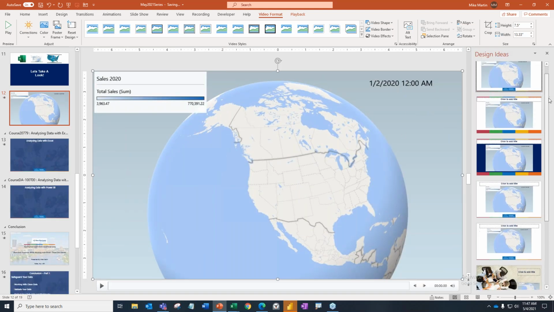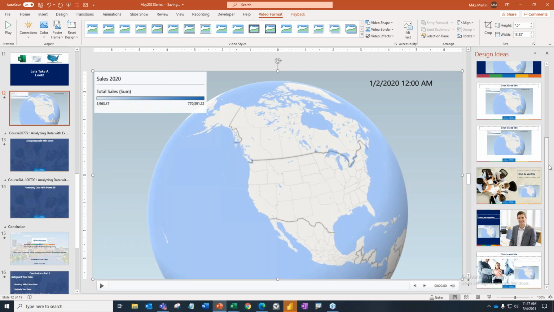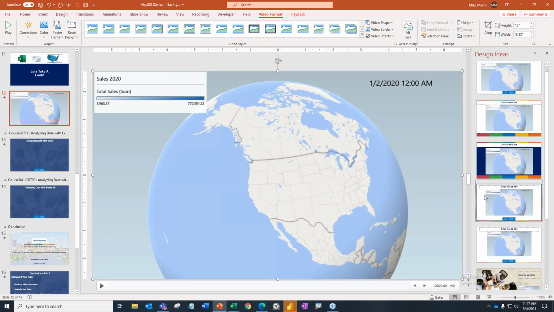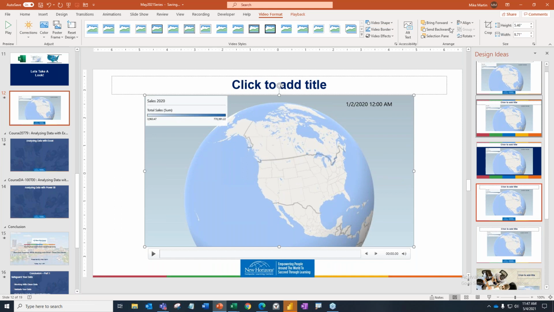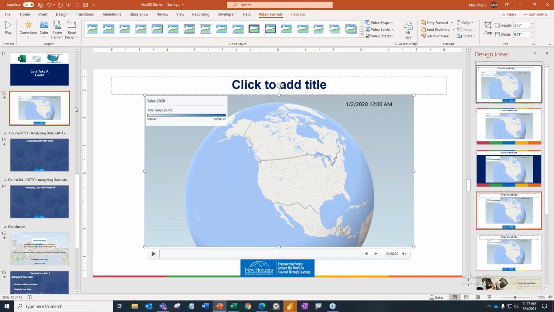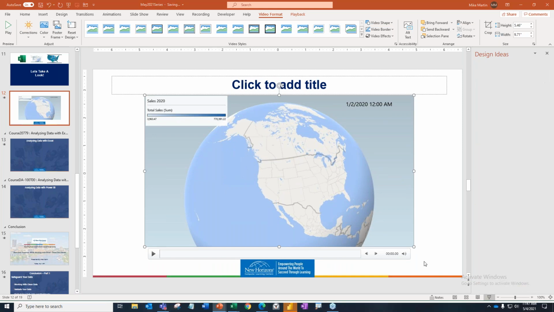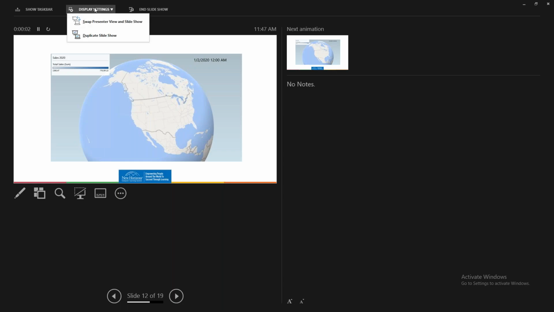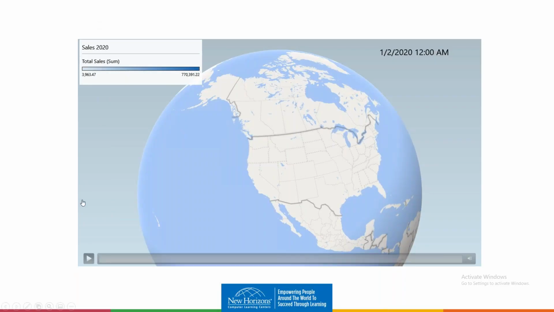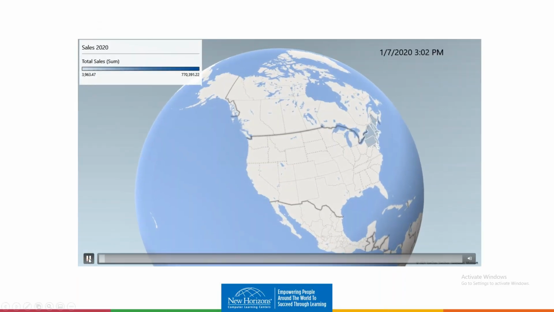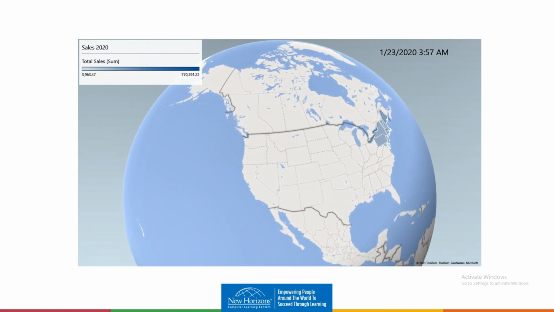But then I can pick a nice design, put a title in, and then when I'm presenting, I can explain to the audience how our sales went last year, because our sales really took place out east.